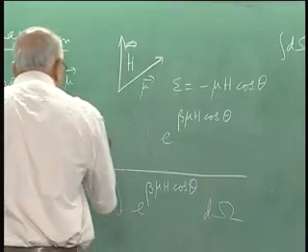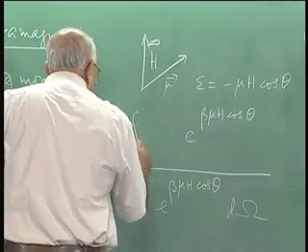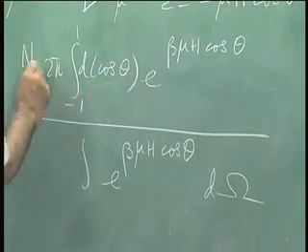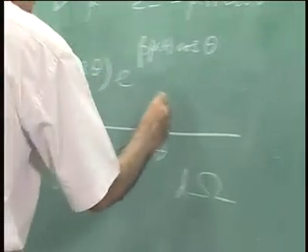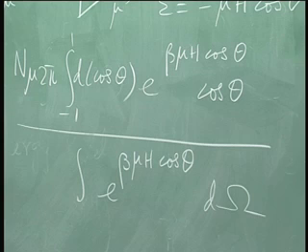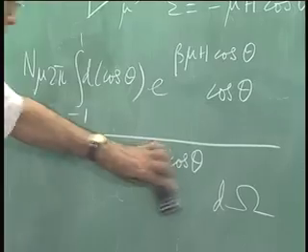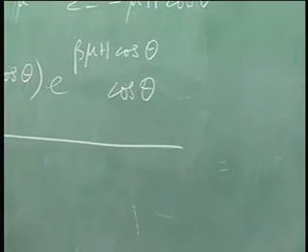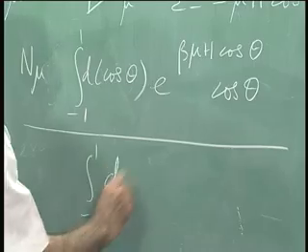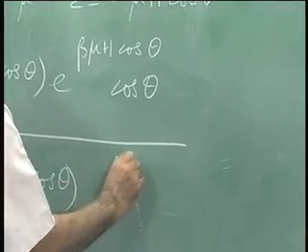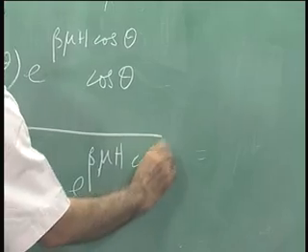This gives a 2 pi factor from the phi integration, integral minus 1 to 1 d of cos theta, and there is an n mu, and then there is a cos theta, okay, divided by a 2 pi, the 2 pi cancels out, and then you have minus 1 to 1 d of cos theta e to the beta mu h cos theta.